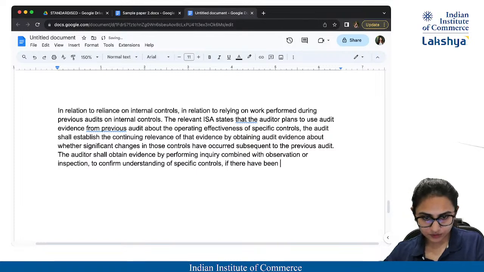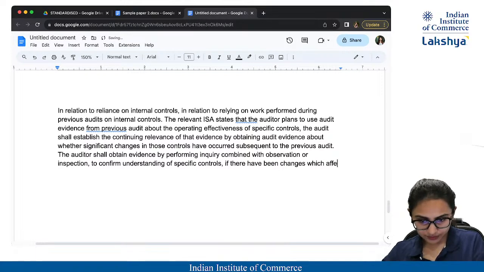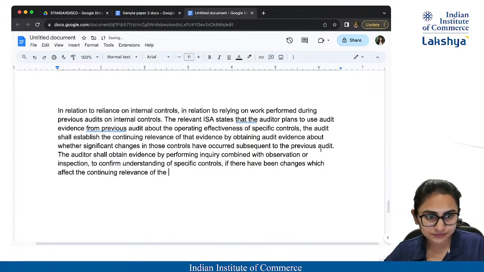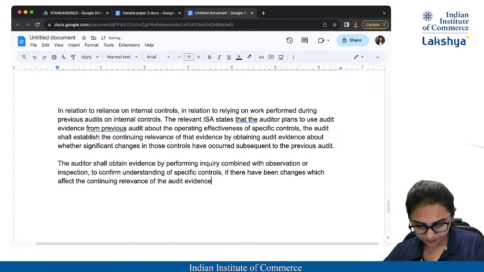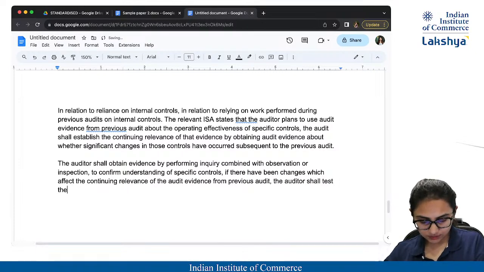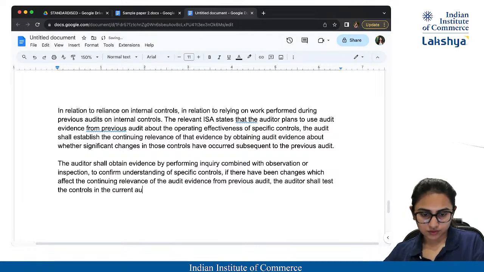If there have been changes which affect the continuing relevance of the audit evidence from previous audit, the auditor shall test the controls in the current audit.